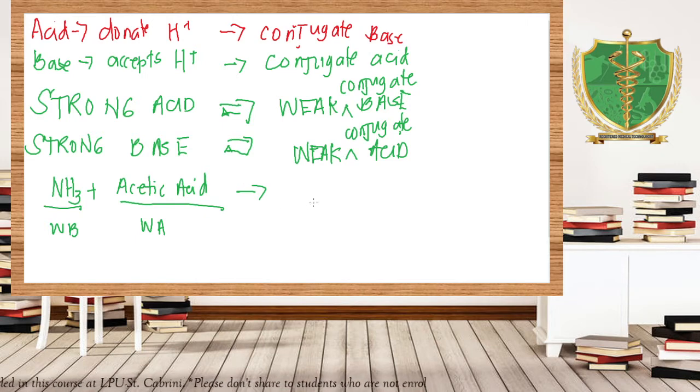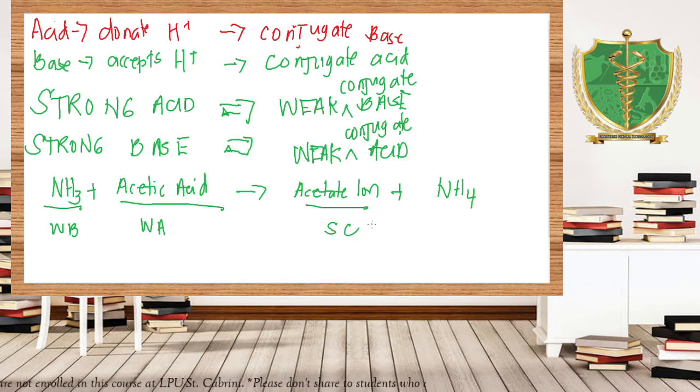Acetic acid will produce acetate and ammonium ion. Okay? Acetate ion is a strong conjugate base, and ammonium ion is strong conjugate acid.